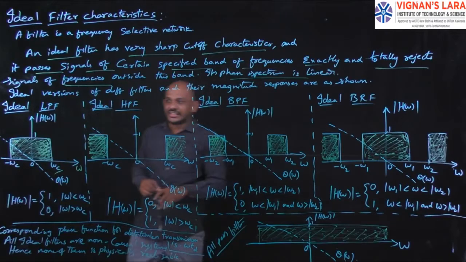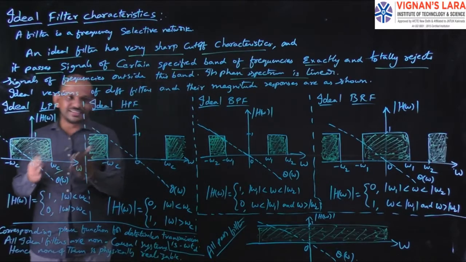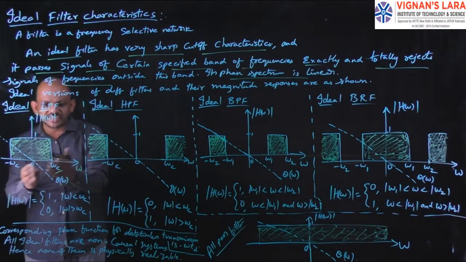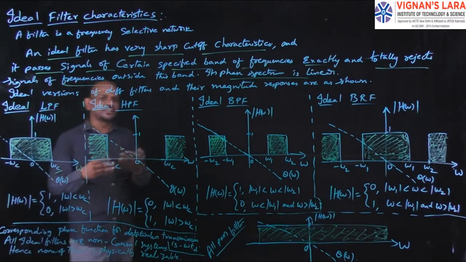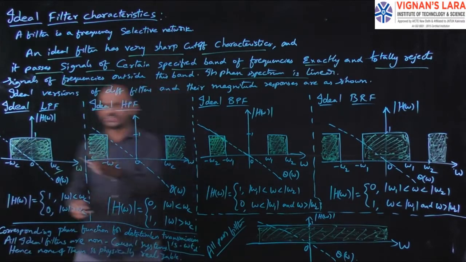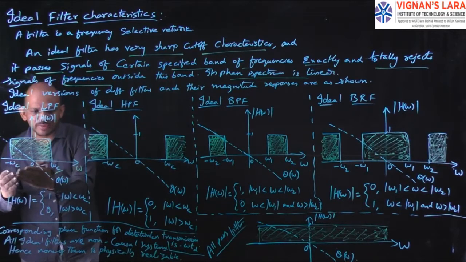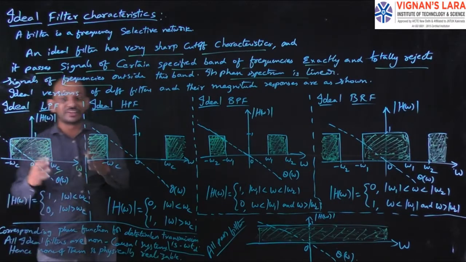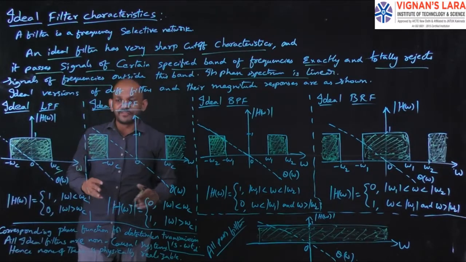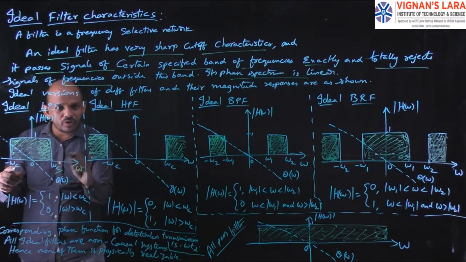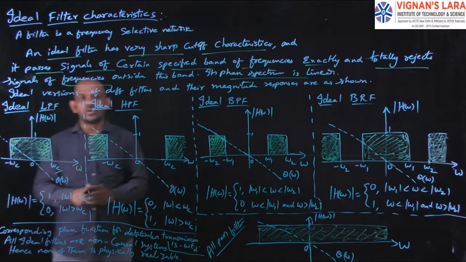It will allow all the frequency components between minus omega c and plus omega c, and it will totally reject the signals having frequency greater than omega c.